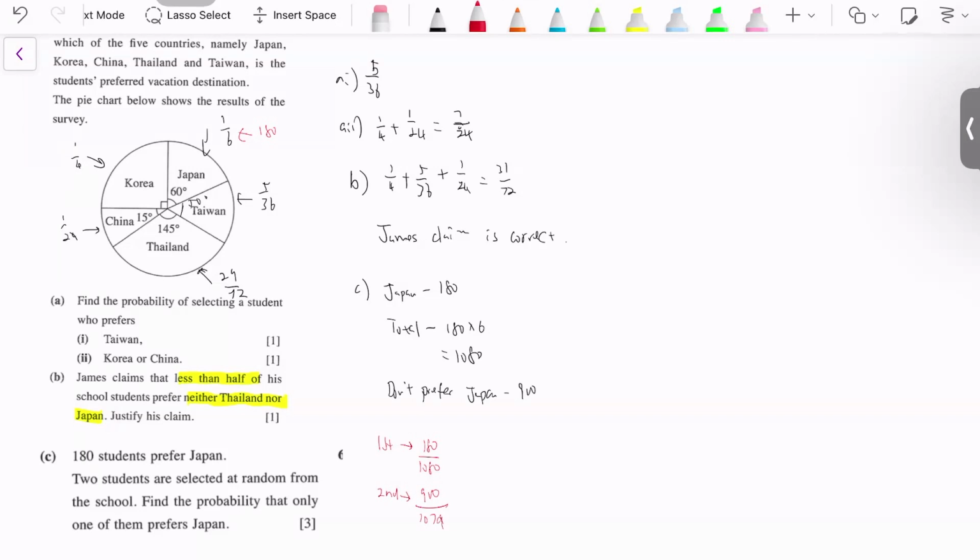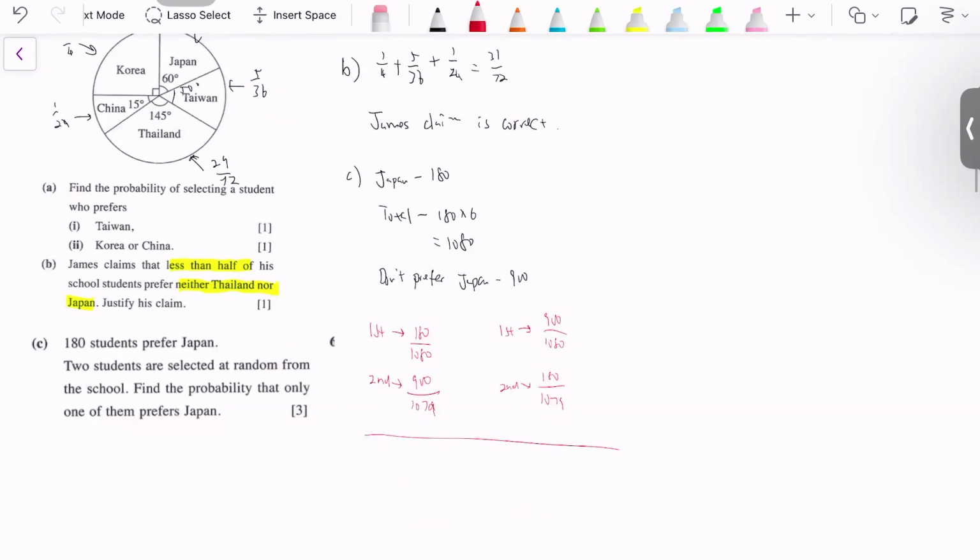The second possible way is that the first student doesn't prefer Japan, which is 900 over 1080, and the second student taken out is the student that prefers Japan, which is 180 over 1079.